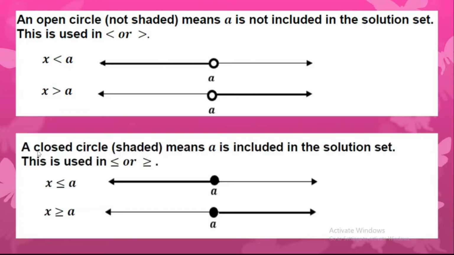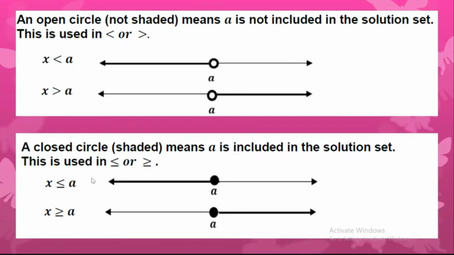And a closed circle or a shaded circle means a or the given number is included in the solution set. It is included if the inequality symbol used is less than or equal to or greater than or equal to.